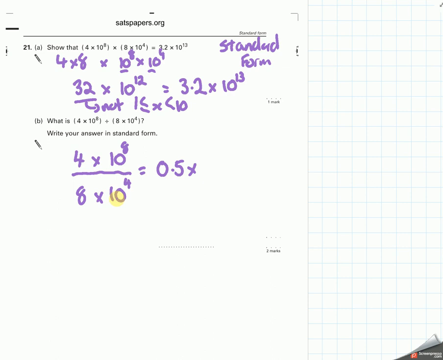Now when I'm dividing indices, it's a common base, so I subtract the indices. So 8 minus 4 is 4. So this is 10 to the 4. Again, this is not in the range from 1 to 10, so I need to make this bigger by a factor of 10, which means I must make this one smaller by a factor of 10, which reduces the index by 1. And that's those solutions.